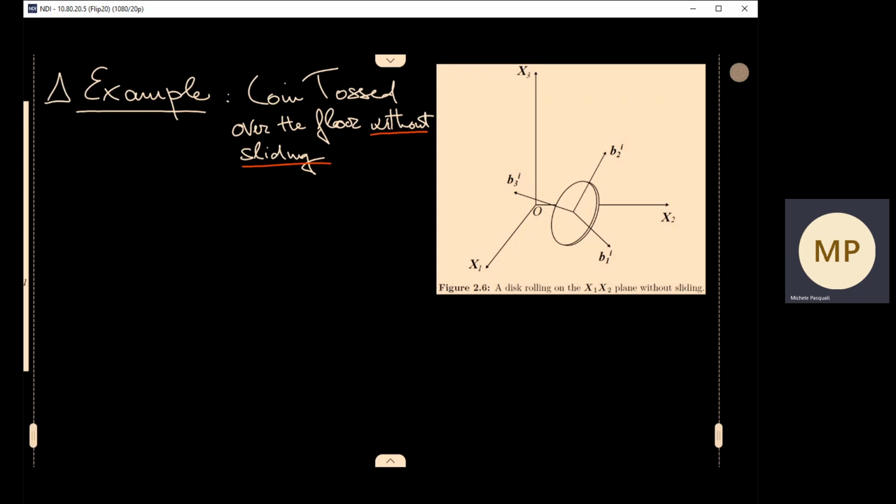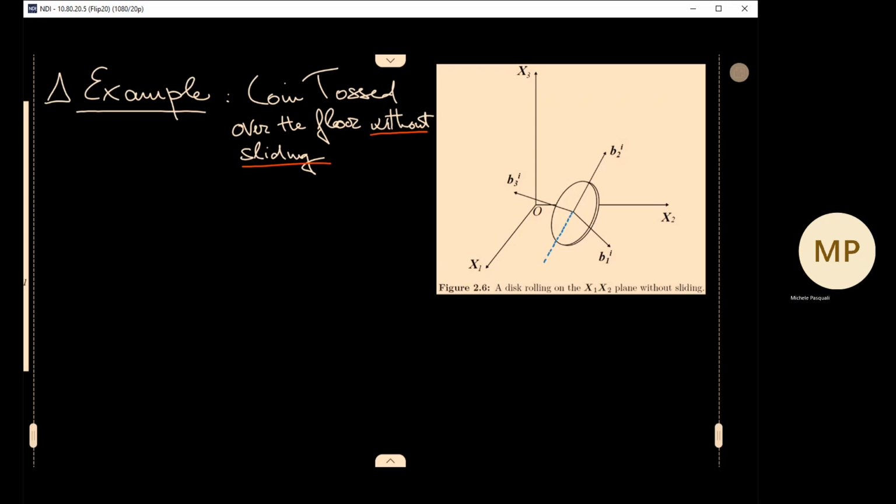If you look at this picture here, I see that there is something missing, so we can just rewrite it. So this is B2.